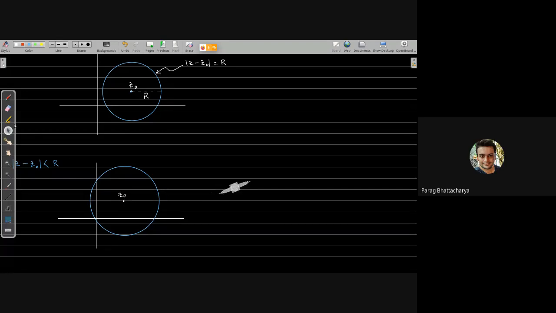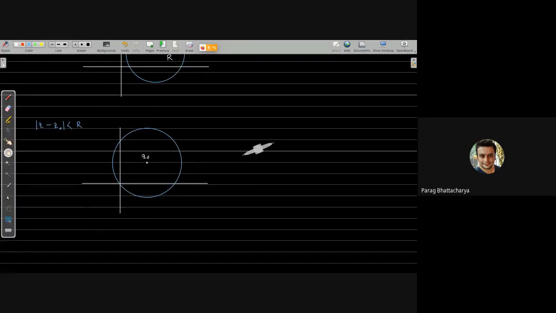Now its radius is capital R. This is the radius of the circle. So what is the meaning of modulus z minus z naught less than r? This less than sign indicates that we are talking about the points which are inside this disk.